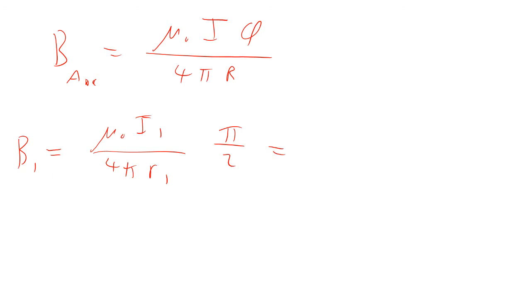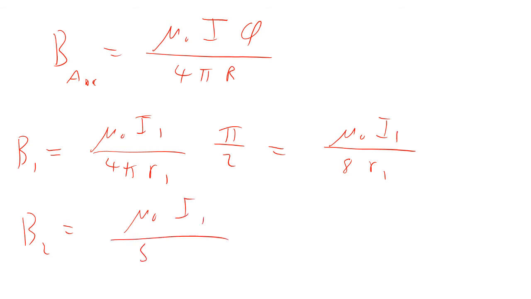Okay, so that's going to be mu naught I over 8 R1. Okay, what about B2? Well, that's also 90 degrees. So that's going to be mu naught I1 over 8 R2. Okay. What about B3?